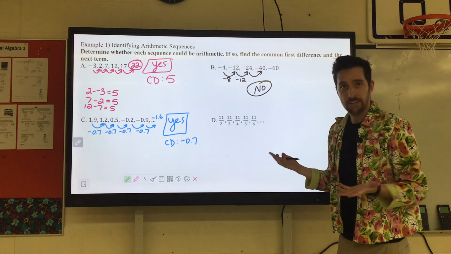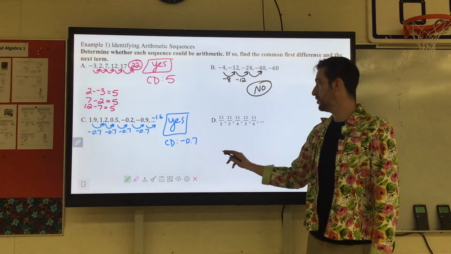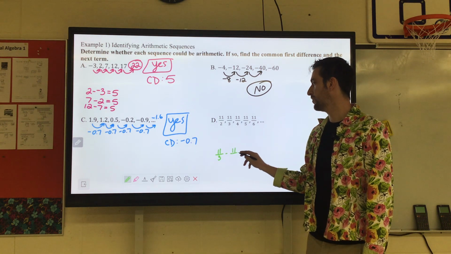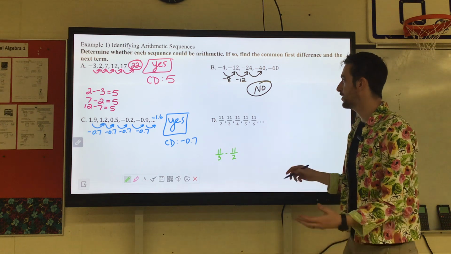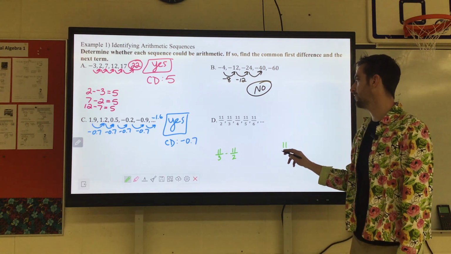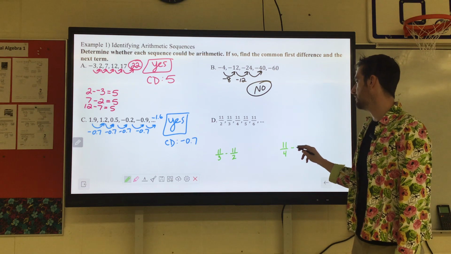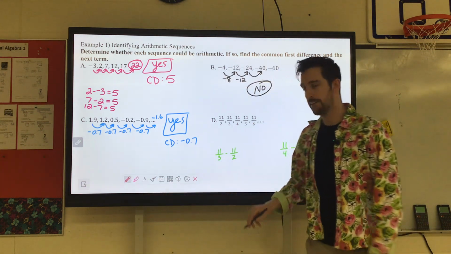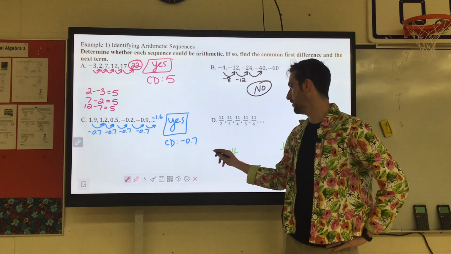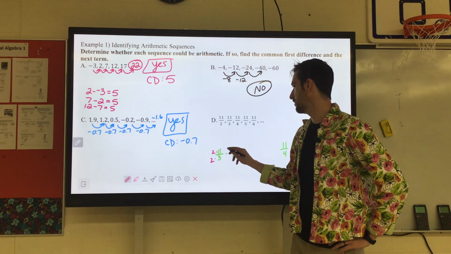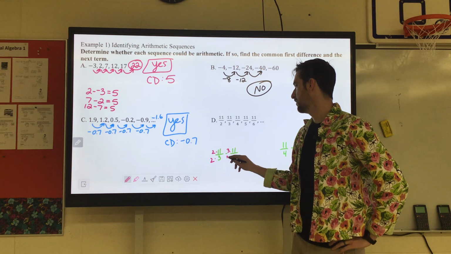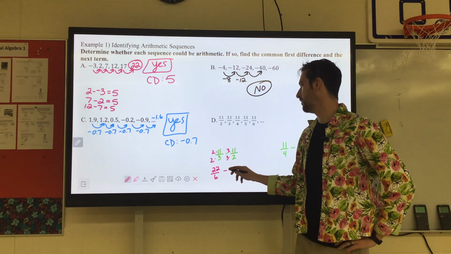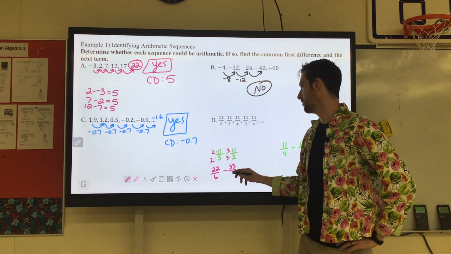I don't know what we're adding, but we could check one term minus the term before it, 11 thirds minus 11 halves, and we could see if that's the same thing as 11 fourths minus 11 thirds. Okay. Now, fractions, you got to have that common denominator, so these could both be 6. So it'd be 22 sixths minus 33 sixths.